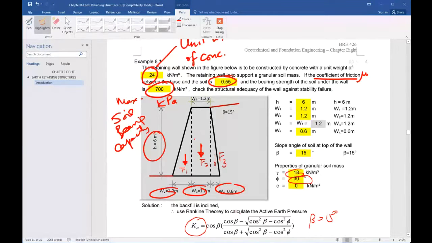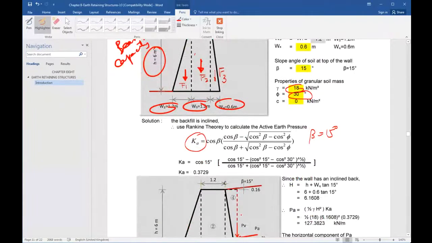So you put beta, 15 degrees, and also the friction angle of the soil, 30, into this expression. So you get Ka. Ka is equal to 0.3729, right?